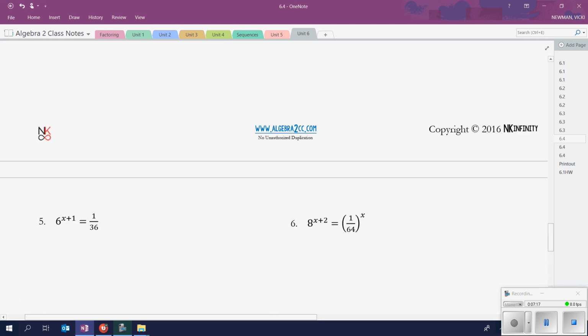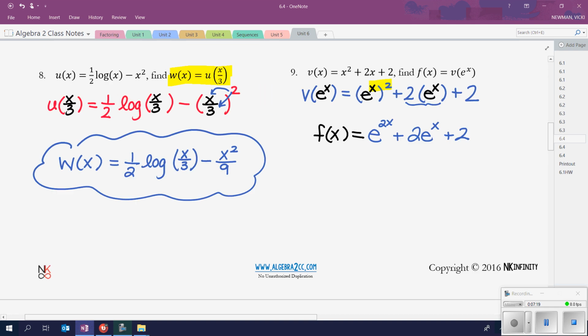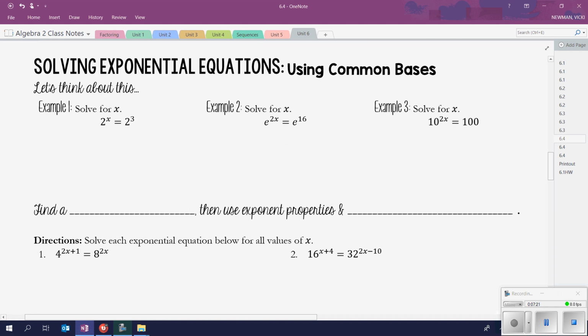All right, so now prior to this unit, we talked about baby equations. You solved on homework 6.0 baby equations, just using your knowledge of equality. So if we have two things that have the same base, and their exponents are different, but the two things are equal, don't we know that their exponents are equal?